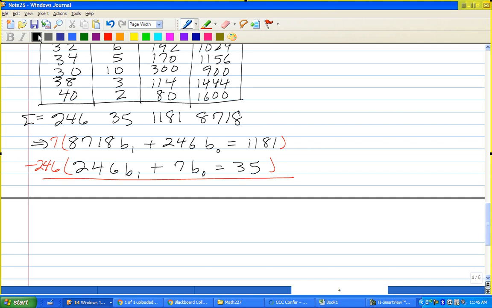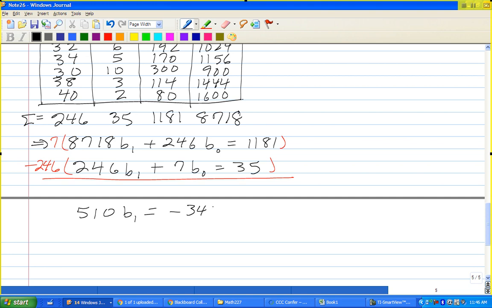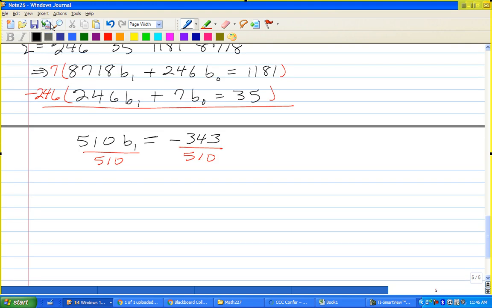And so I get 510 B1 is equal to negative 343. Divide both sides of my equation by 510. And so I get B1 is negative 343 over 510.